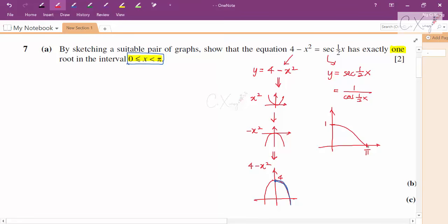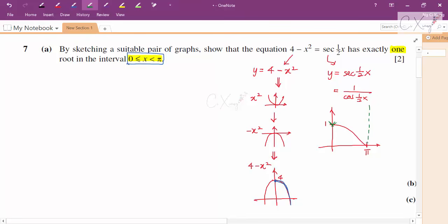Therefore, when it touches 0, the x value will be pi. And this is cos x. So when I want to sketch 1 over cos x, the maximum point at 1 will become a minimum point in the reciprocal function.